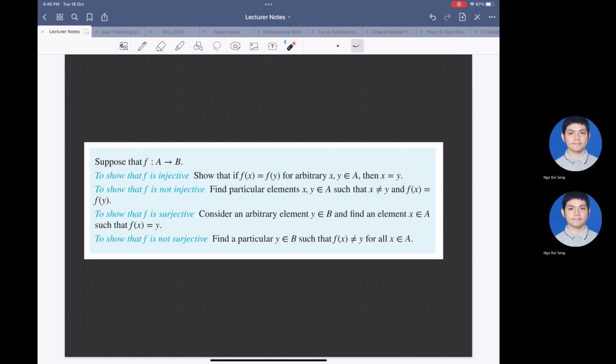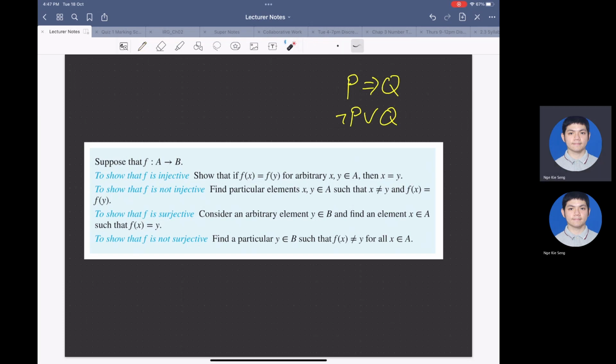And then to show not injective, you just need to find two things that get sent to the same thing. Remember the logic, the negation of implication. Right. Negation of implication.